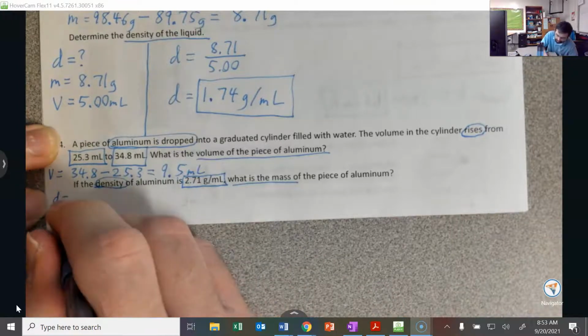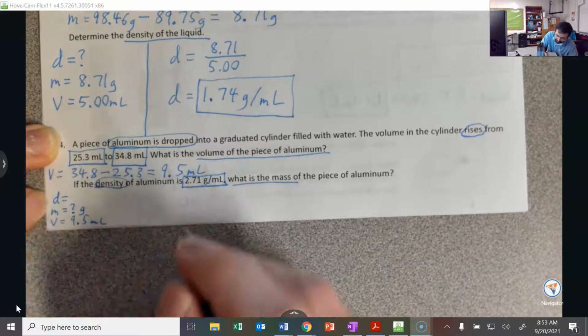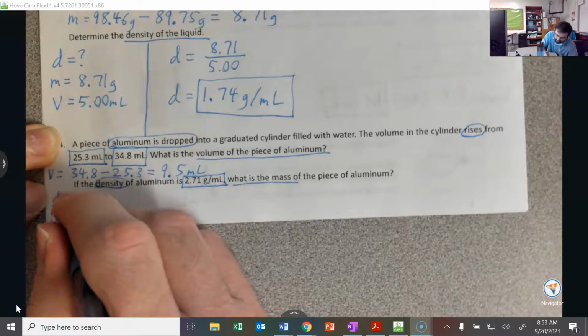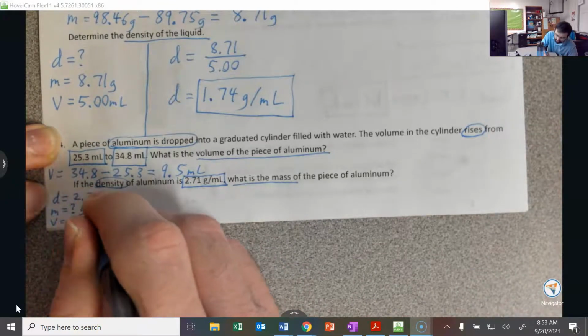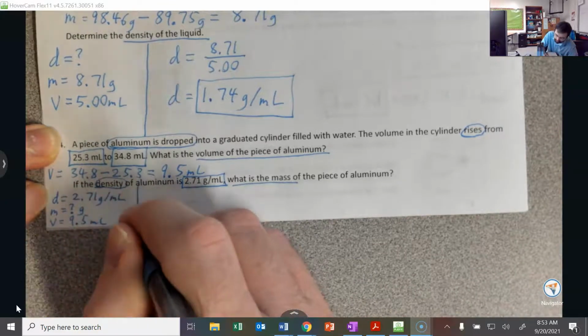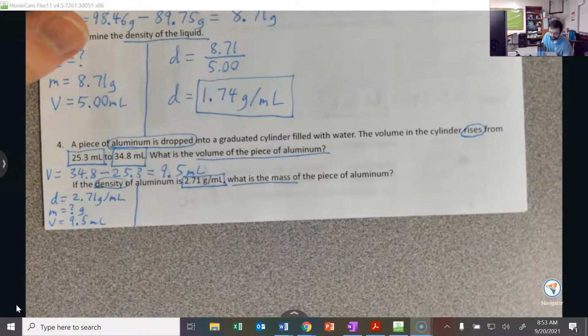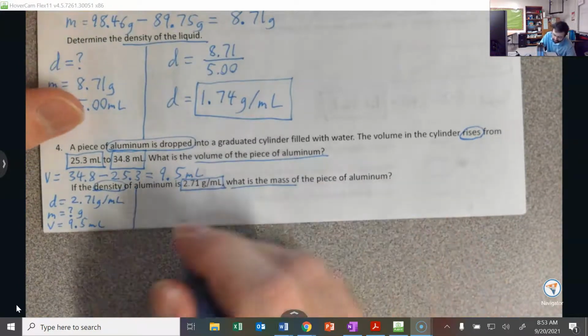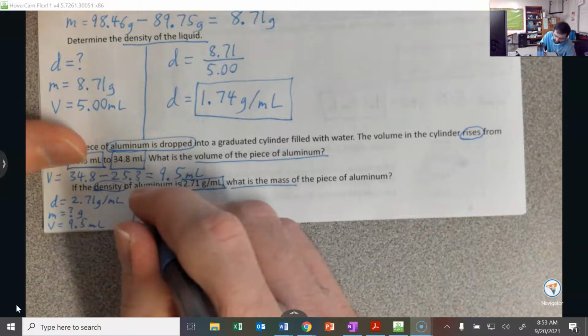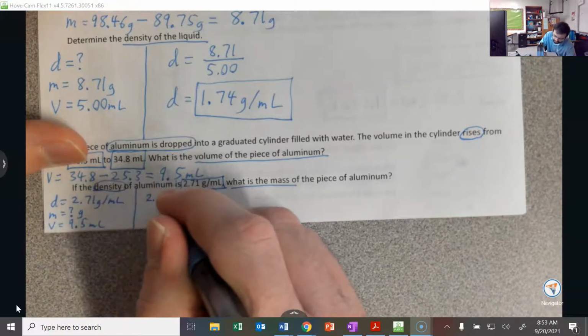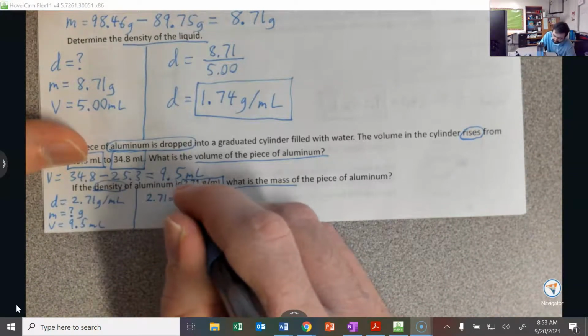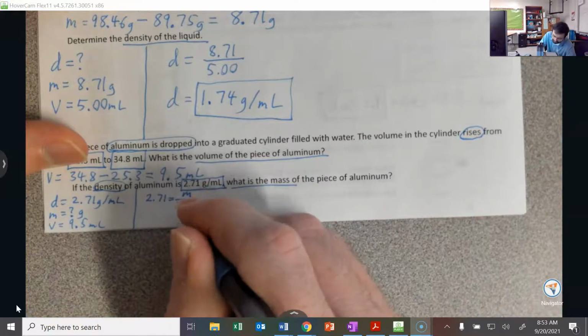The mass is what I'm looking for, the number of grams, and the density is 2.71 grams per milliliter. Okay, let's set up our equation. Density equals mass over volume. So I've got 2.71 equals mass, my unknown, over volume, which is 9.5.